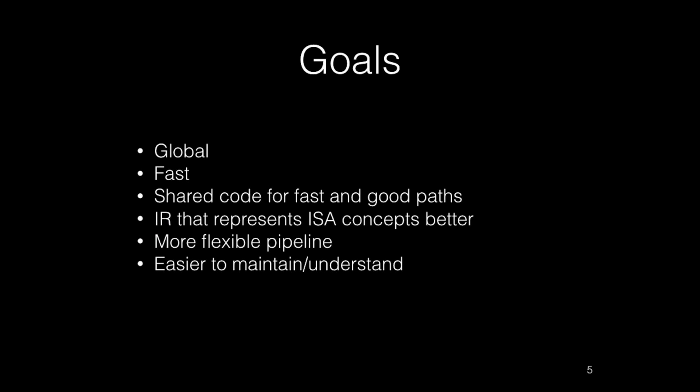We want an easier to maintain and understand framework, especially if you think about legalization, and if you're familiar with how that works, it's kind of hard to get it right. It would be nice also to have a self-contained representation, because right now, when we do the instruction selection, or to some extent on machine instr as well, we still have some backlinks to the LLVM IR.